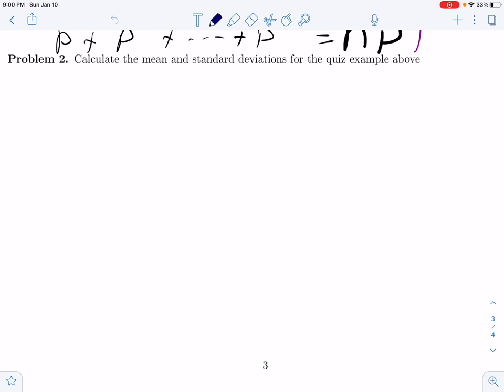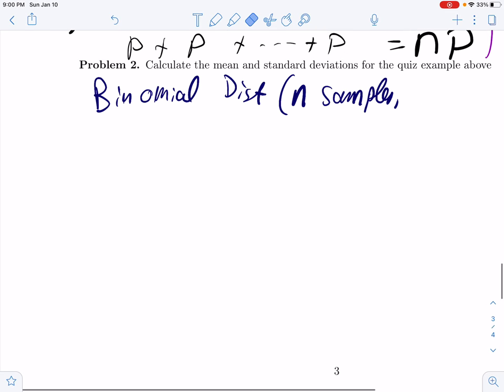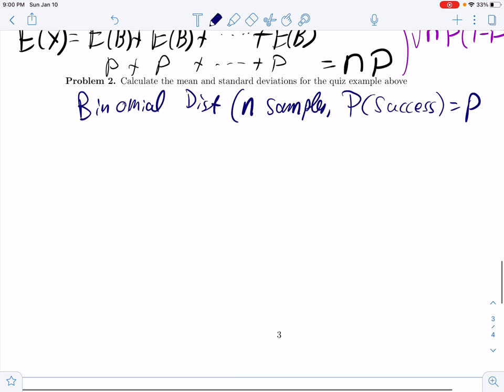If you remember, for a binomial distribution with n samples, and the probability of a success equal to p, x is a binomial distribution with all these facts.